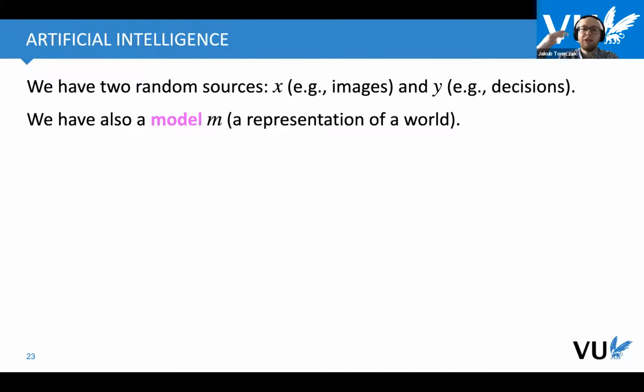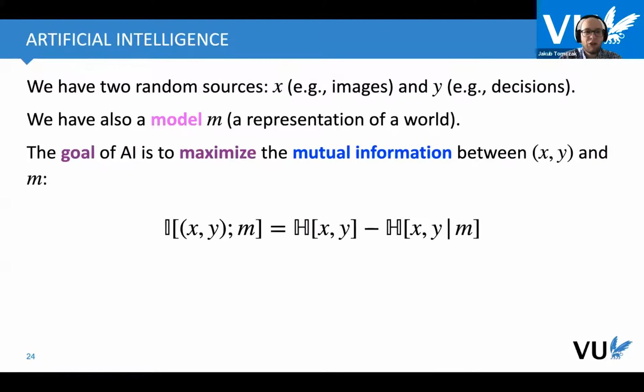There is some model, and this is some kind of, broadly speaking, a representation of some world or our world. And what is the goal now of this learning entity? So the goal is to actually maximize the mutual information between all possible states of the world and the model.